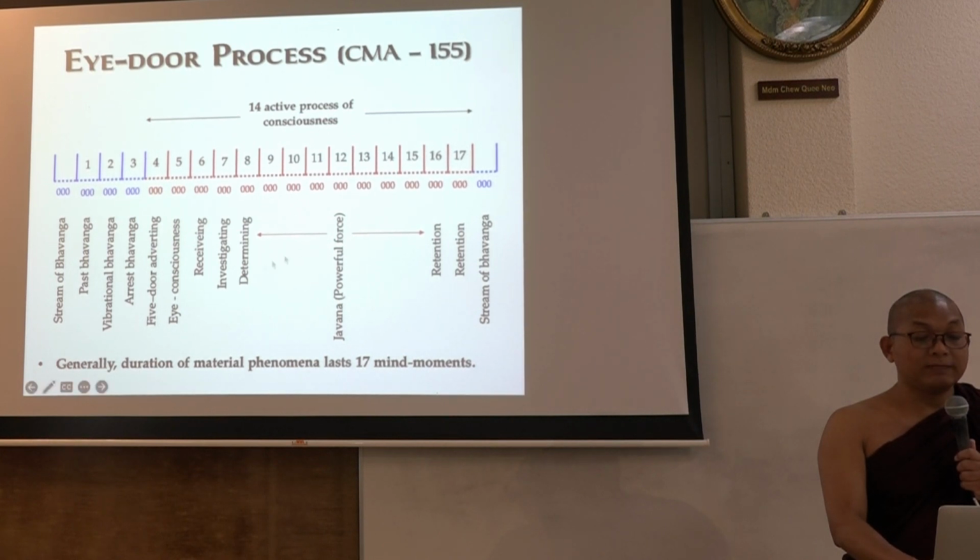Then here we have another javana, we call it smile producing, altogether 10.